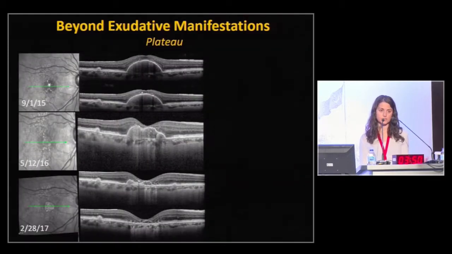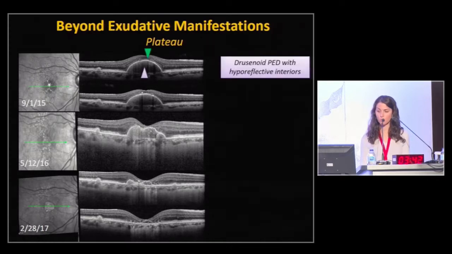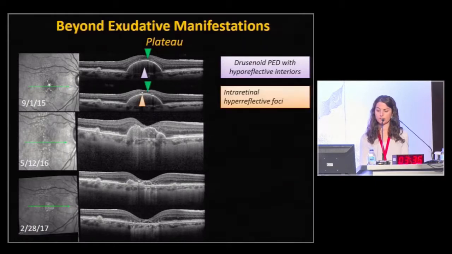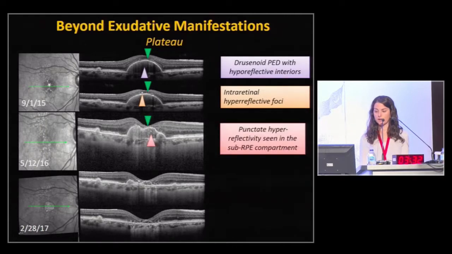This plateau sign is seen in patients with reabsorption of drusenoid PED. In these cases with drusenoid pigment epithelium detachment, we are going to see progressive thinning of the RPE band. We will have hyperreflective foci going into the intraretinal space.